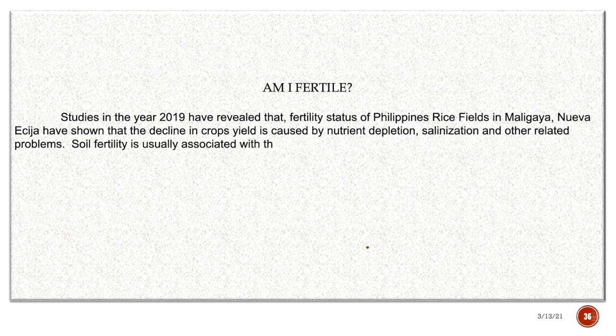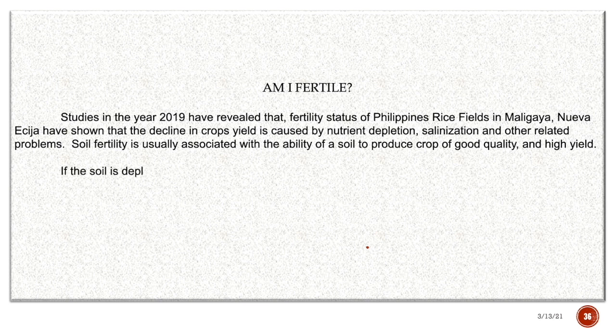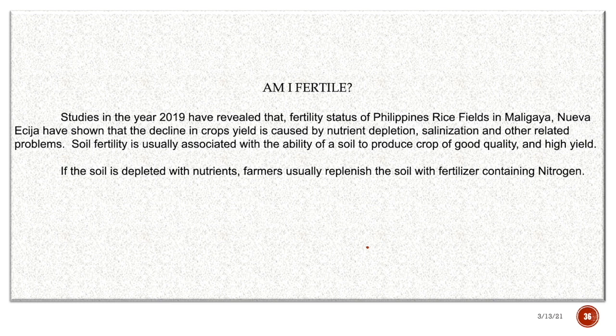Soil fertility is usually associated with its ability to produce crops of good quality and high yield. If the soil is depleted of nutrients, farmers usually replenish the soil with fertilizers containing nitrogen because one of the nutrients needed to replenish the soil is nitrogen.